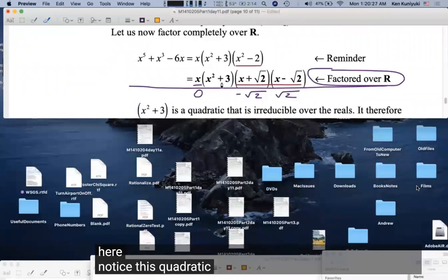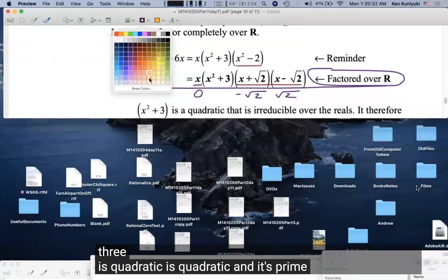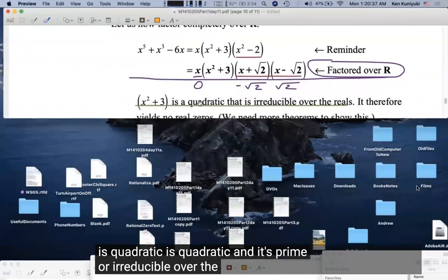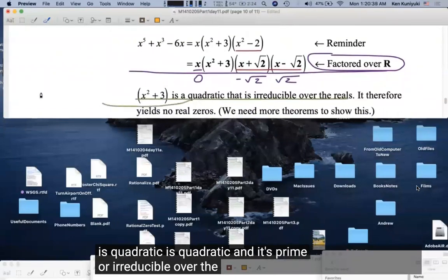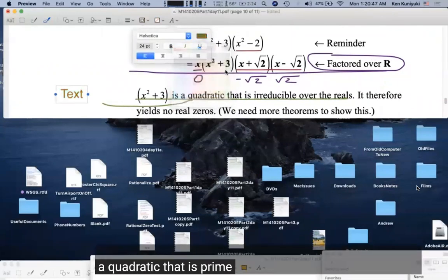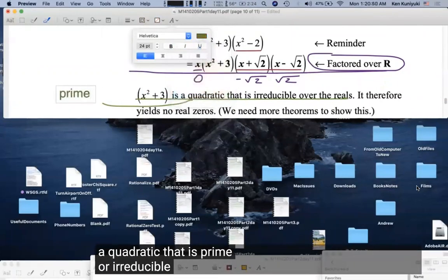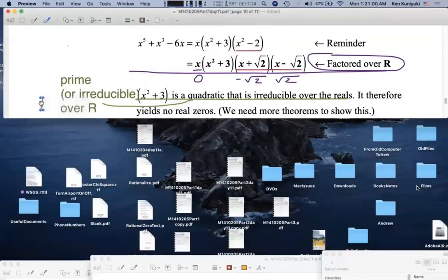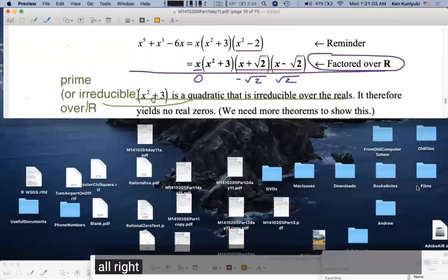Notice this quadratic, x squared plus 3, is prime or irreducible over the reals. All right.